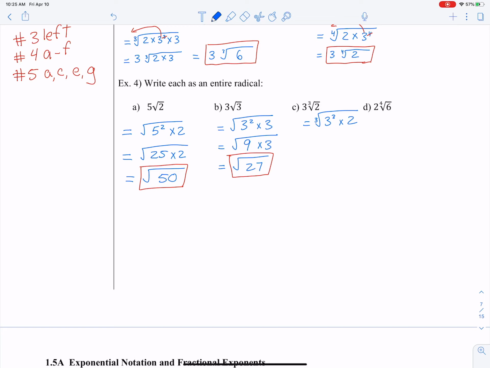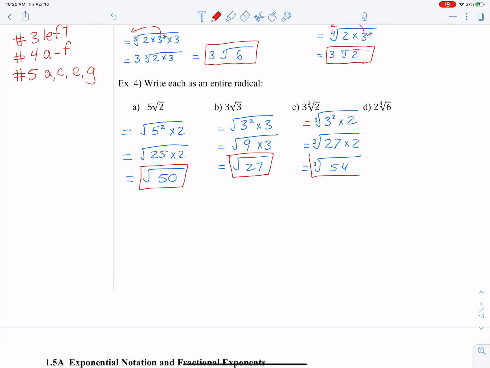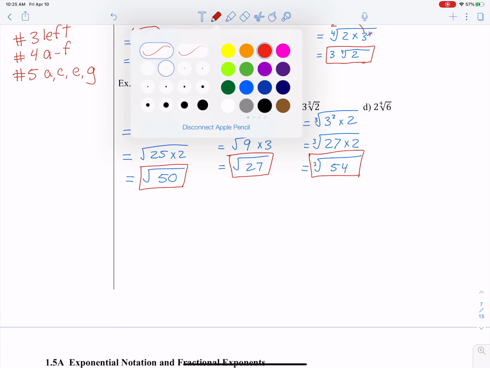You have to make sure you add that 3. We're going to find out what 3 to the 3 is. So 3 to the 3 is 27 times 2. And then we'll multiply those together and get 54. So the final answer for this question is the cube root of 54.